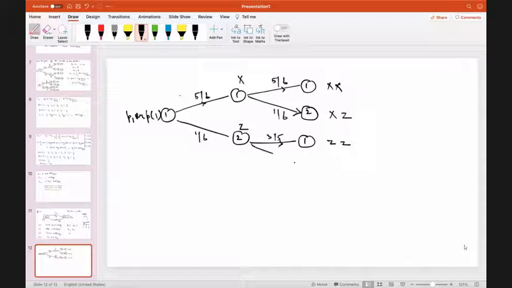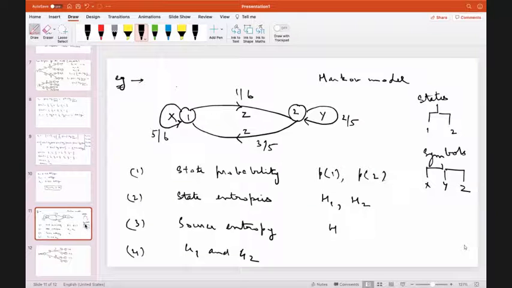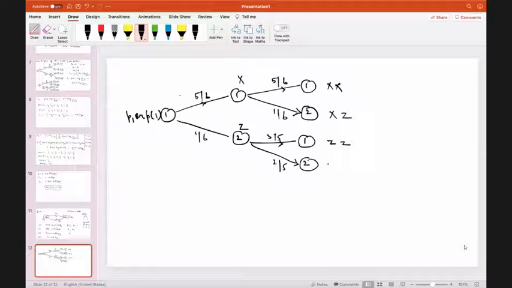And then you come over here, which is 2, and this will be 2 by 5, and when 2 comes back to 2, Y is emitted, so this would be ZY. So this is what the tree diagram will look like from state 1.